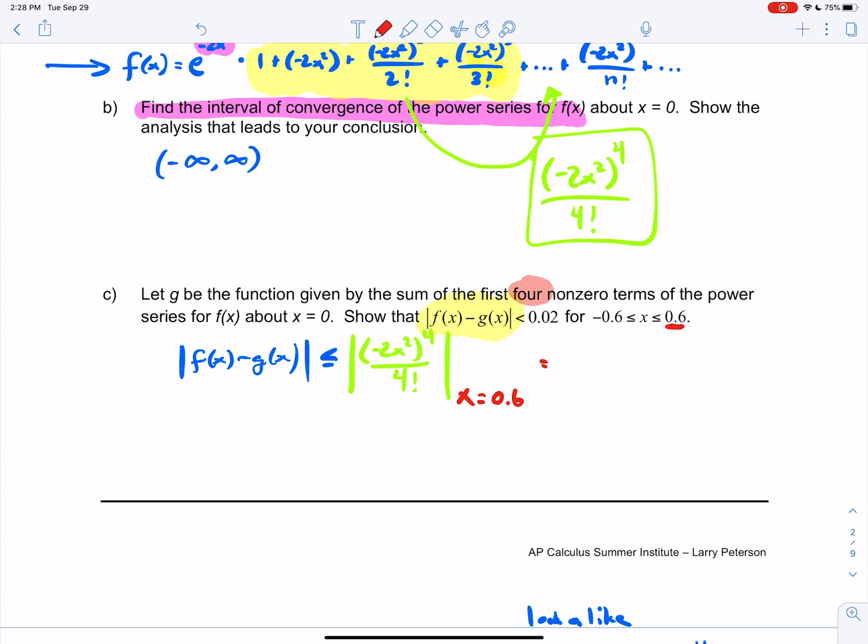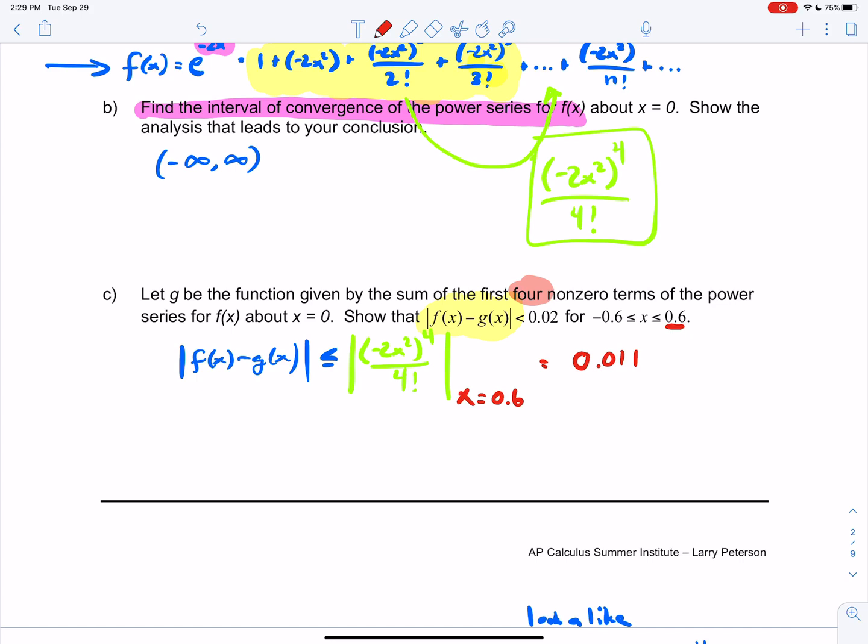So 0.6 squared times the negative 2, all to the 4th power. I'm doing it on my calculator, so it's taking forever. Divided by 4 factorial, which is really just 24. I end up getting 0.011 if you were to round that correctly.